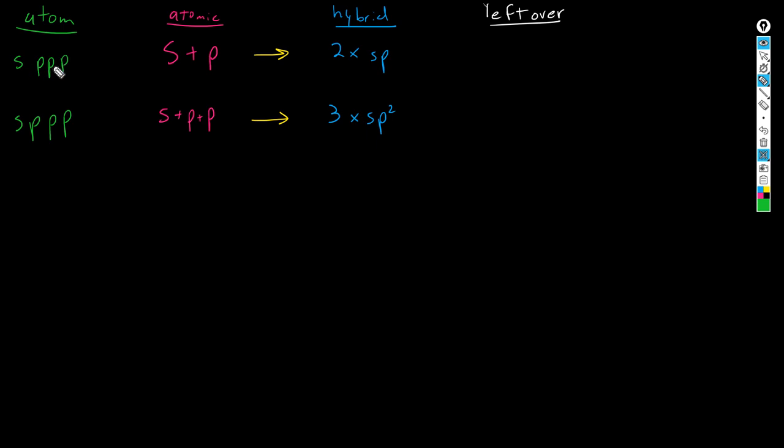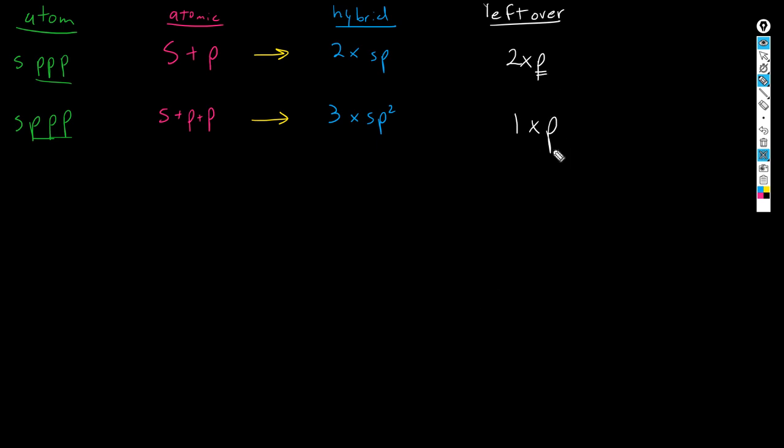If we have an s and 3p orbitals, and we only use one of them to create our hybrid orbitals, then that means that in this atom we have 2p orbitals left over. If we use 2p orbitals to make hybrid sp2 orbitals, then we're going to have one p orbital left over. Those p orbitals can be used to create multiple bonds. And that's what we're going to look at now.